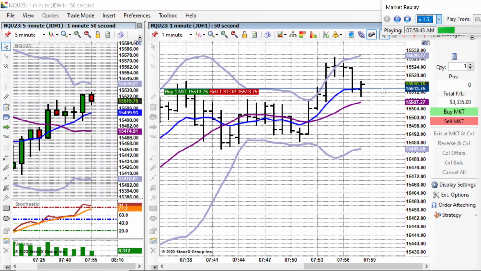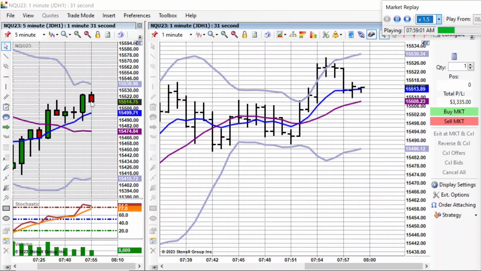Okay, that might have been a good entry here, but I'm not going to do it. I'm going to have discipline and wait till it looks the way I want it. Still have a red candle here.